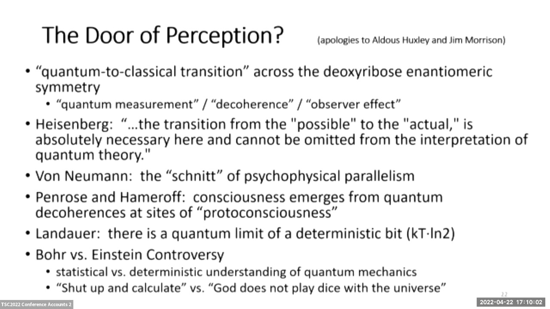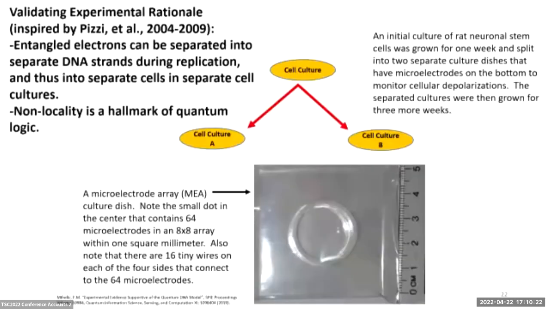And Landauer would say that hey, if you're going to have this quantum to classical transition, it has to be across a deterministic energy barrier of kT natural log 2. So this helps us to understand the Bohr versus Einstein controversy, where Bohr said everything's statistical, and Einstein said, well, some things have to be deterministic. Great theory. How are you going to show it?